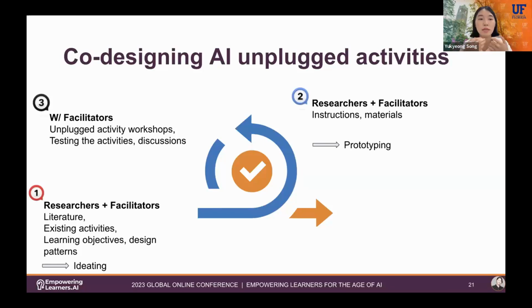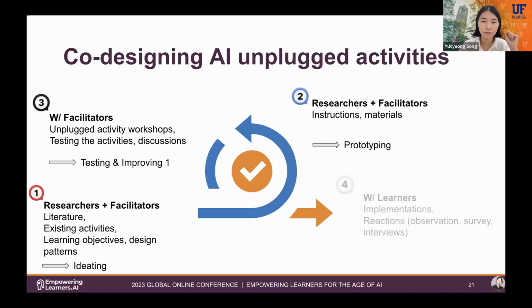We tested our activities, and we treated the undergrad students as if they were middle school students. We implemented our prototypes, and we had a discussion about what's confusing, how it can be clarified, and how it can be improved. And we had some new ideas, or some small clarifications about the worksheets or the slides. So I'd like to call it testing and improving phase 1.